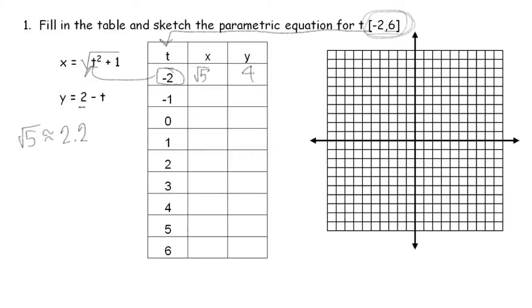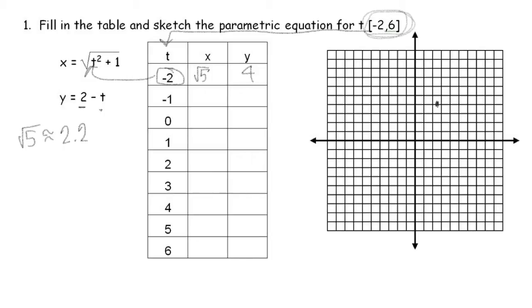Again, we would have 2 minus a -2, which is plus a positive. And so whenever we plot this, remember we would be graphing the point square root of 5, 4, or 2.2, 4. So if I do that, I would go over 2.2 and then up 1, 2, 3, and 4. So there's going to be my first point.